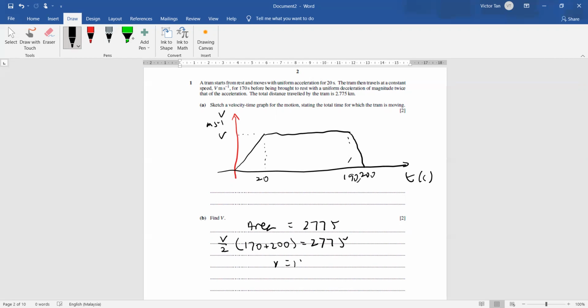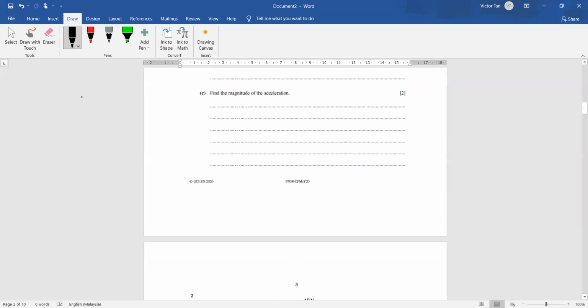V equals 15 meters per second. Okay, that's it. Another one.